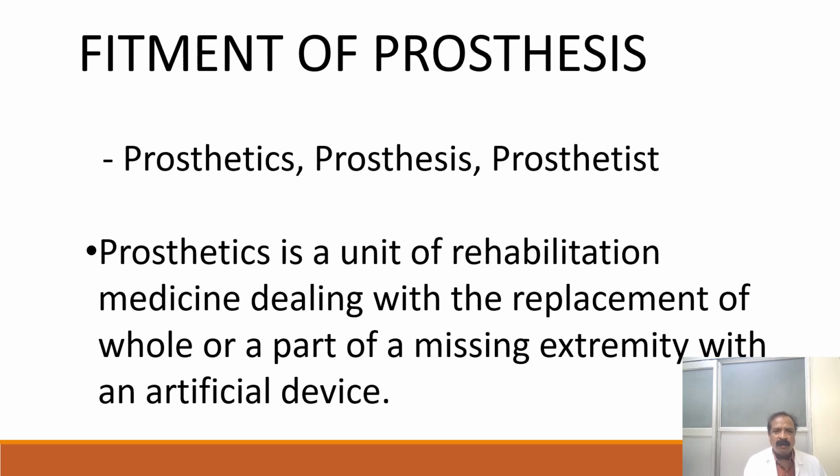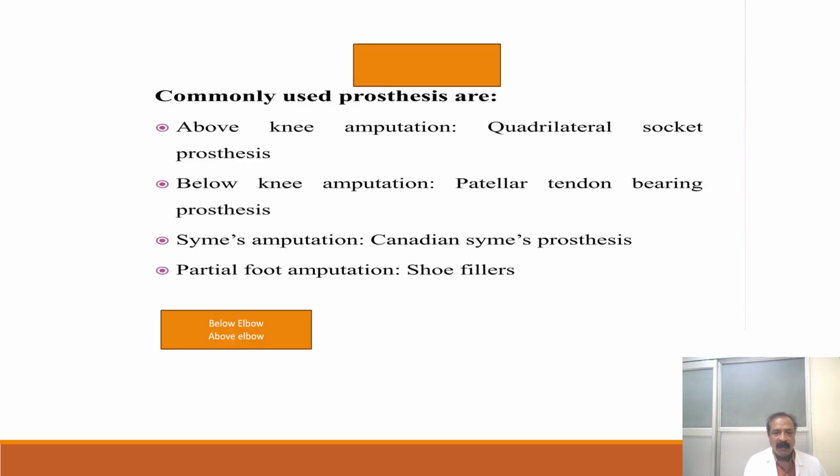They are taught various types of knowledge of anatomy as well as biomechanics and material science, so that they can make a beautiful prosthesis which is used by the amputee. So prosthetics is a unit of rehabilitation medicine dealing with the replacement of the whole or part of a missing extremity with an artificial device. Commonly used prostheses are for above knee amputations, below knee amputations, Syme's or partial foot amputations.